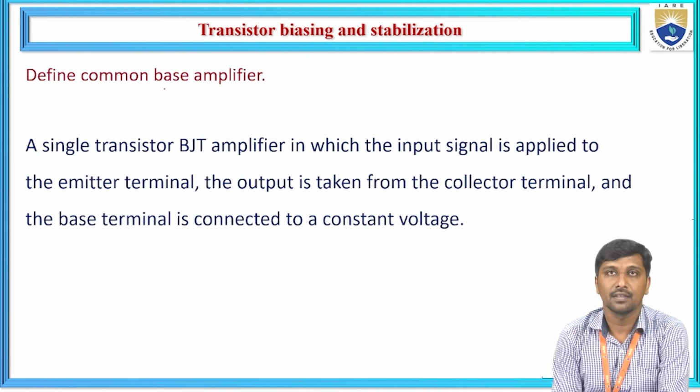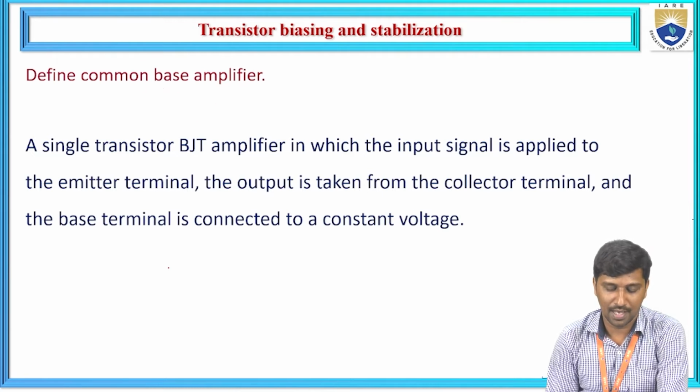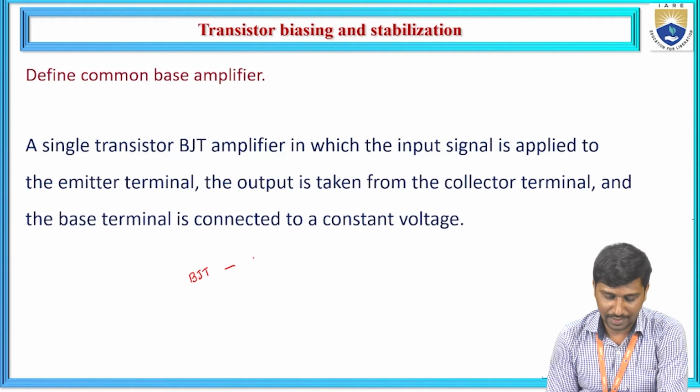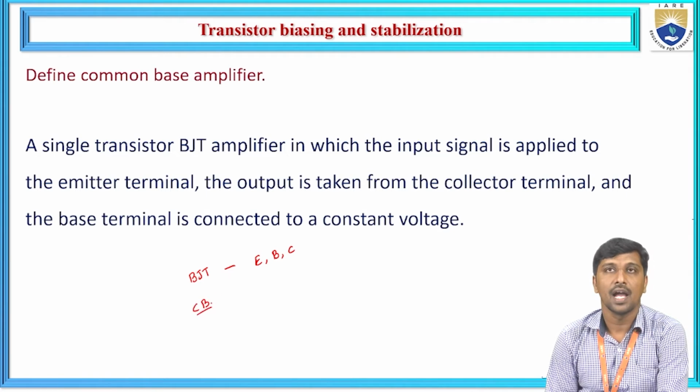Now define what is a common base amplifier. We know that a BJT or transistor contains three terminals: emitter, base, and collector. Here we are going to define a common base amplifier.